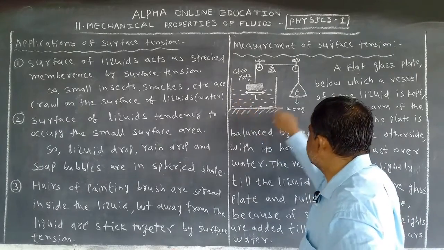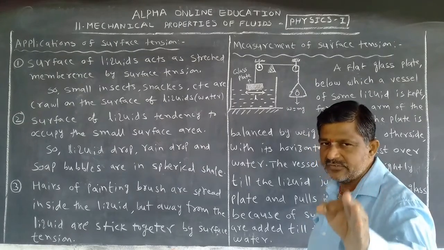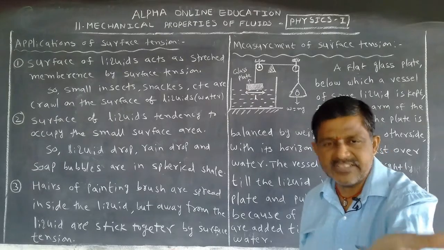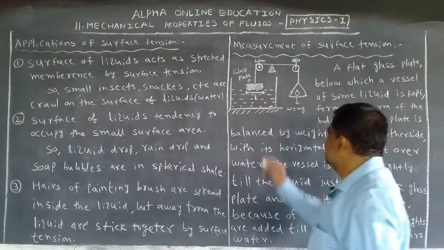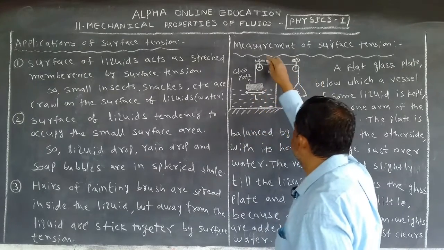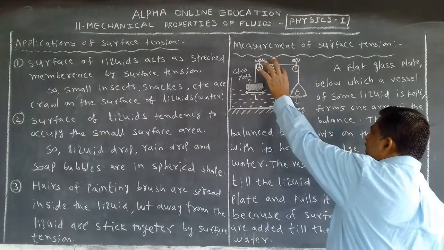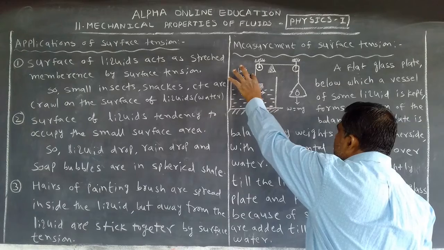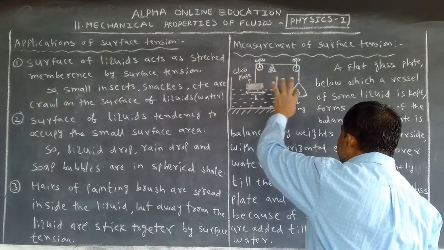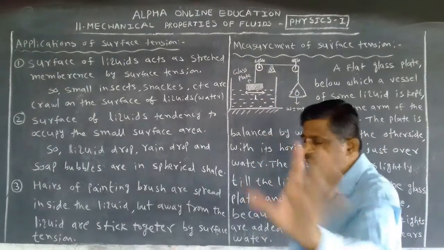First we take a vessel and some liquid. Whichever liquid's surface tension we want to determine, take that liquid. The cheapest liquid is water. You take two pulleys from two rigid supports with one hinge. One end of the string is connected to a glass plate, the other end to the pan. In the pan we will put the weights.